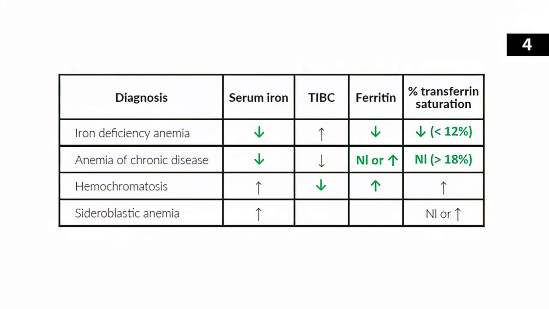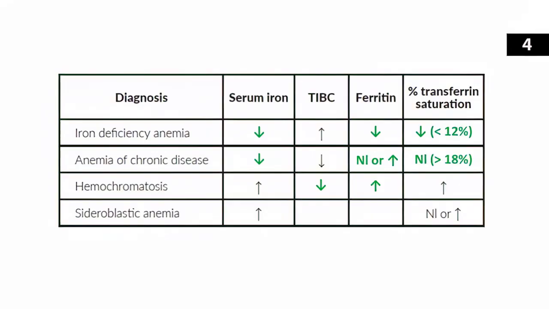Now, if you have elevated ferritin, it doesn't prove you have hemochromatosis. We said ferritin can be elevated for a lot of different reasons. So elevated ferritin doesn't prove there's hemochromatosis, but normal ferritin pretty much rules out hemochromatosis. And then in hemochromatosis, the percent transferrin saturation is going to be very high. Again, you have lots of iron, all the transferrin is saturated, so transferrin saturation is very high.